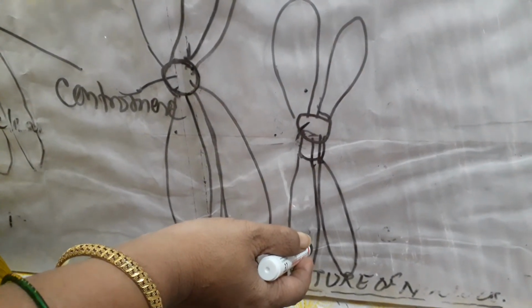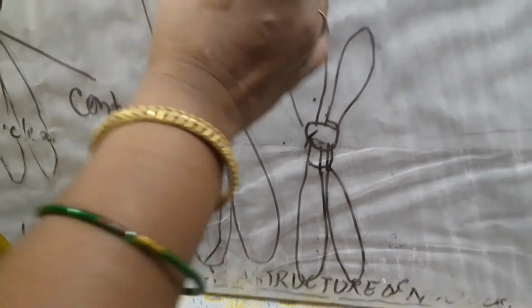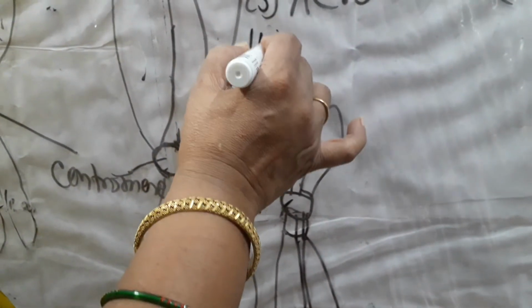So this is the position in acrocentric chromosomes, and the fourth is telocentric.